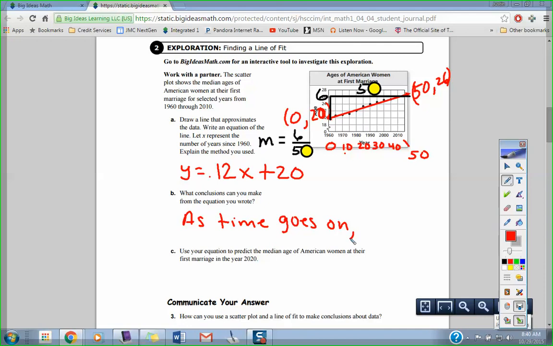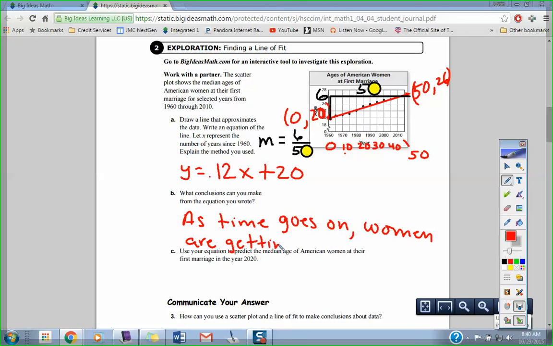Not saying that they're ancient, just saying that it's a little bit older.